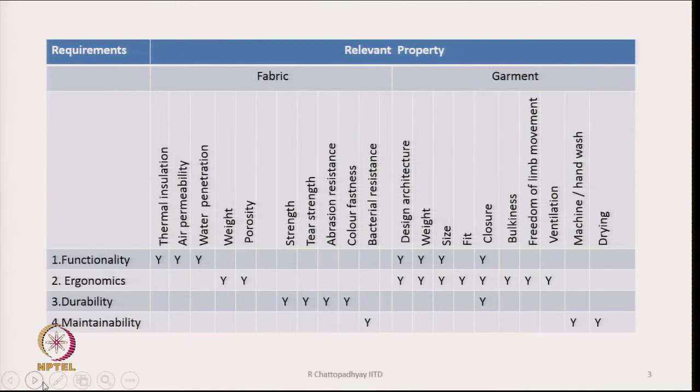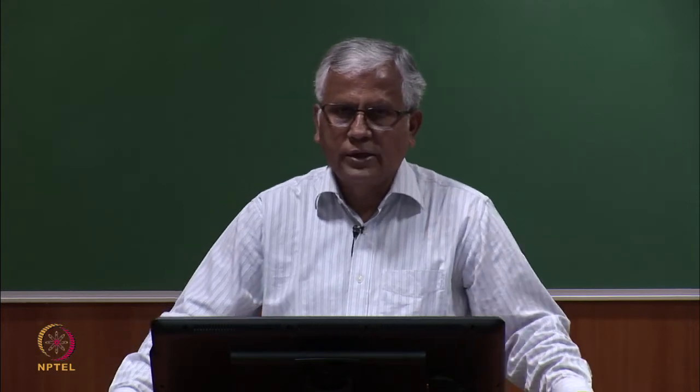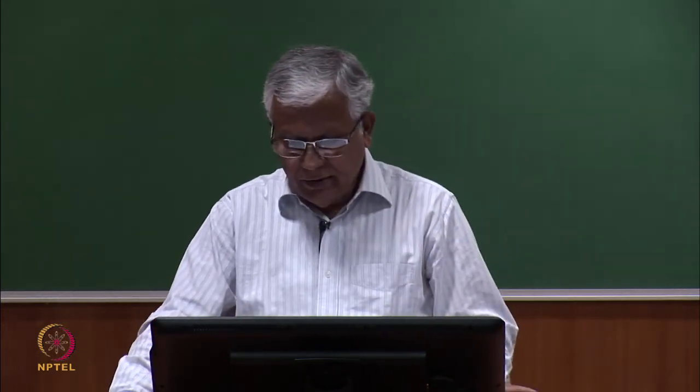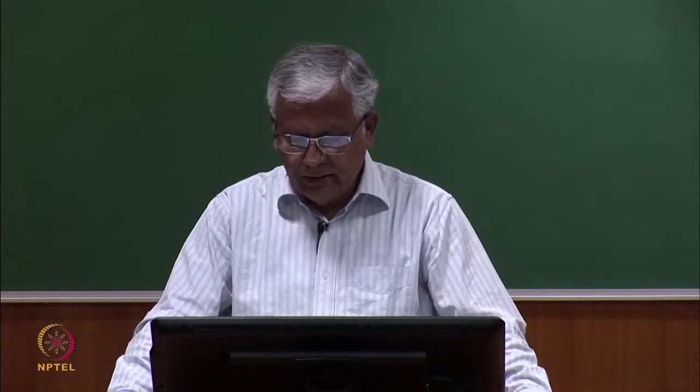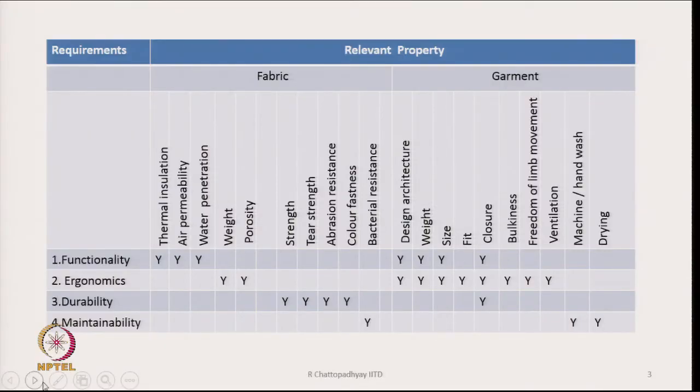There are different types of closures used nowadays, and all of them can have some influence on the durability of the clothing and maintainability. Some properties you see listed. It is not that this table is complete in all senses, one can add more.